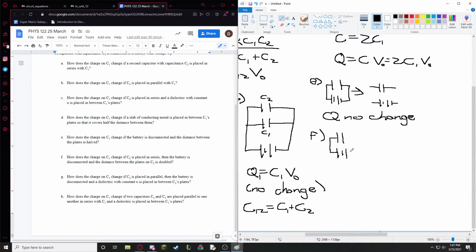We have our battery. Then we're going to go ahead and disconnect the battery and then increase the distance between C2's plates. Let's take 5 minutes and we'll talk about it.